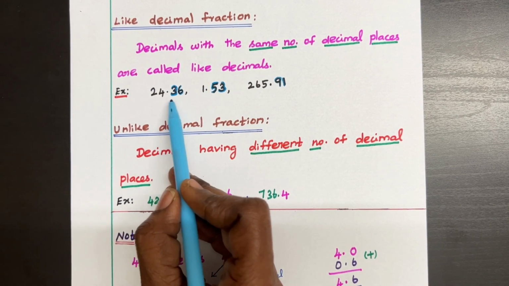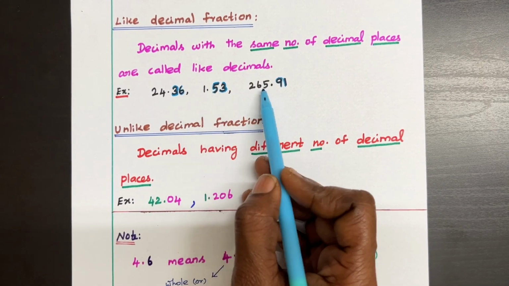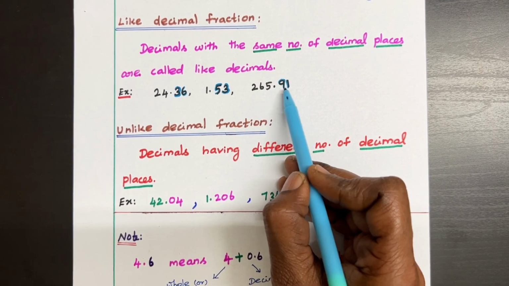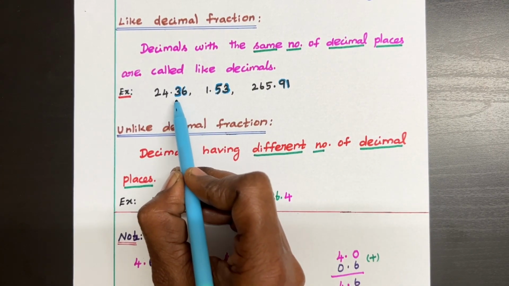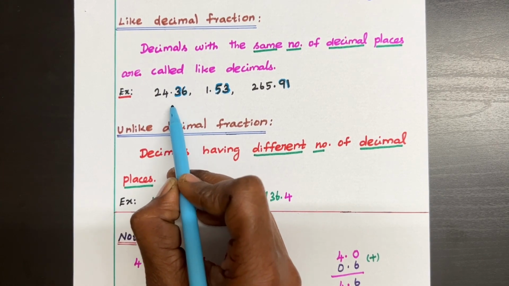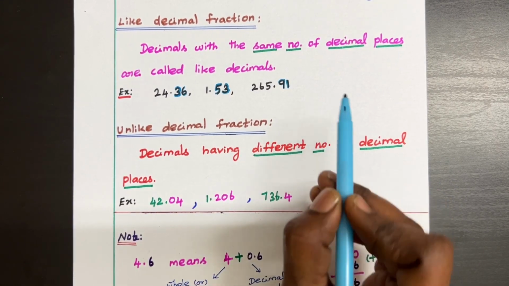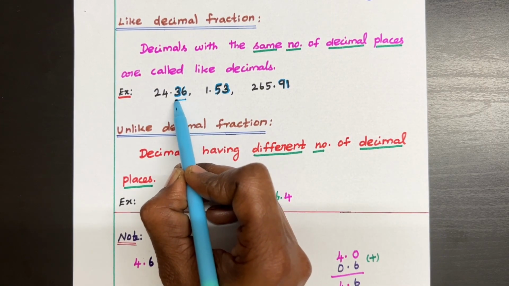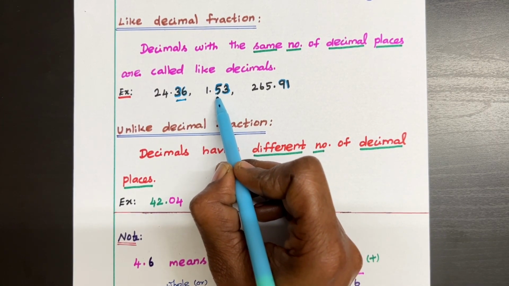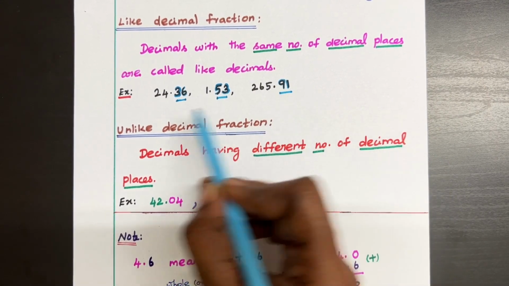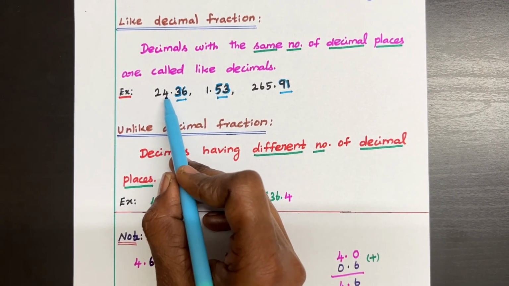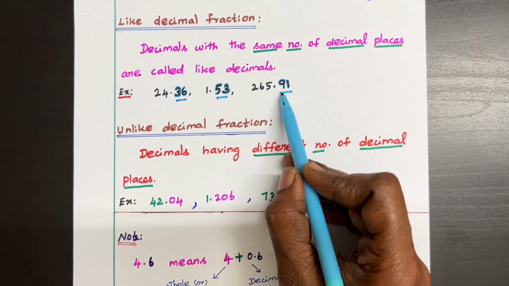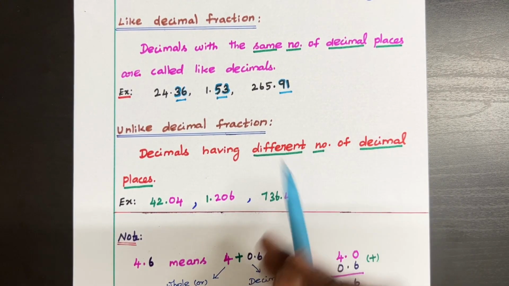See here, 24.36, 1.53, 265.91. These are all decimal places. After the point, whatever numbers come are called decimal places. The number of decimal places is 2 everywhere. 24.36, 2 decimal places. 1.53, 2 decimal places. 265.91, 2 decimal places.